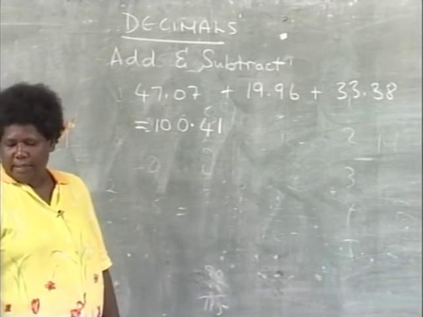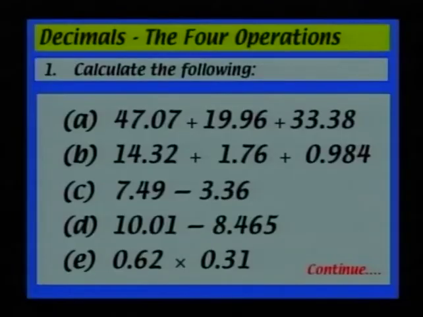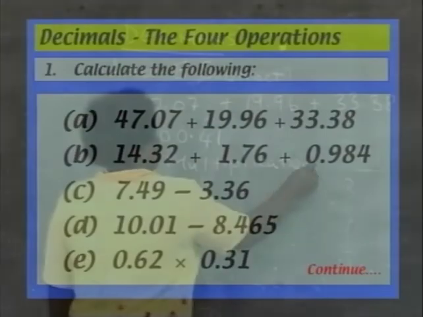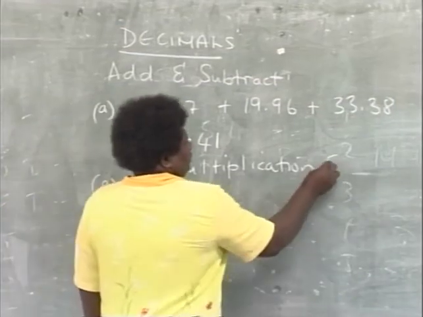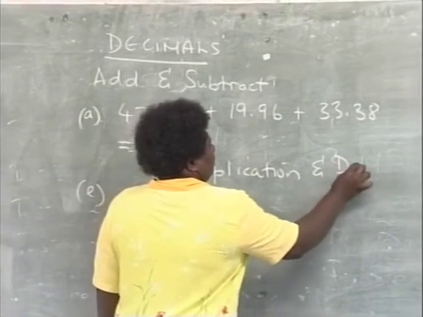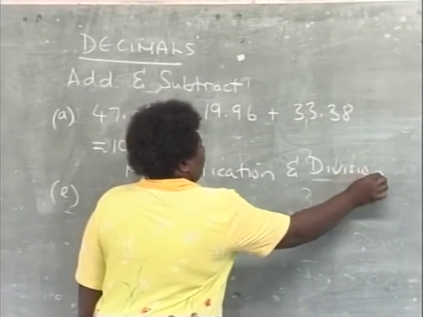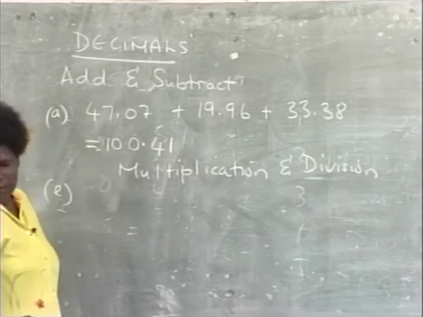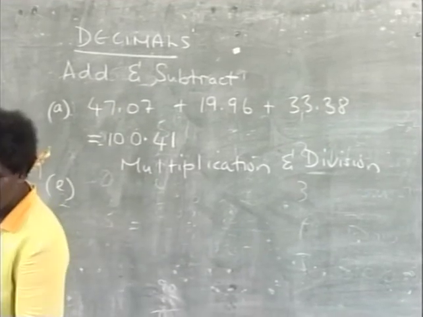All right then, example number 2. Letter E, this is now on multiplication and division.